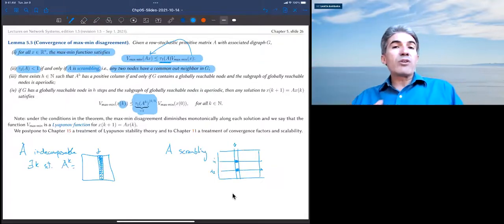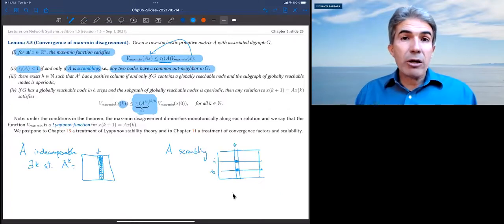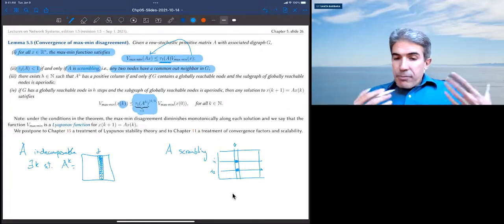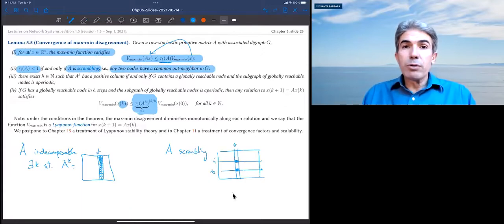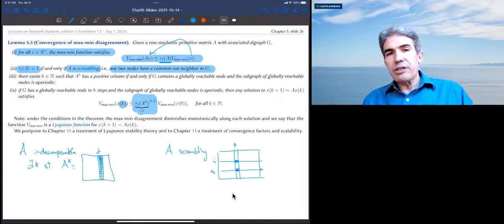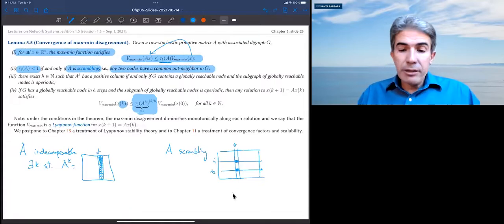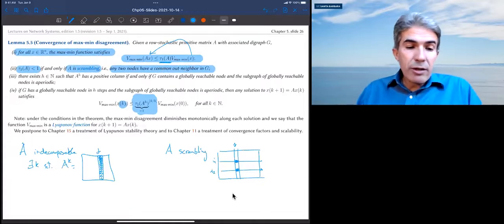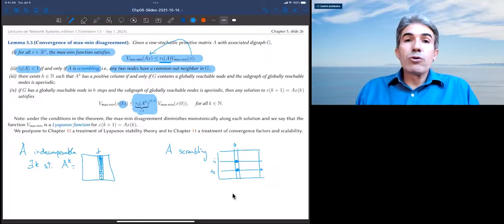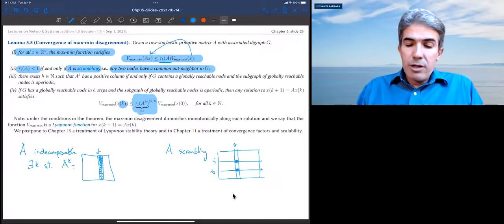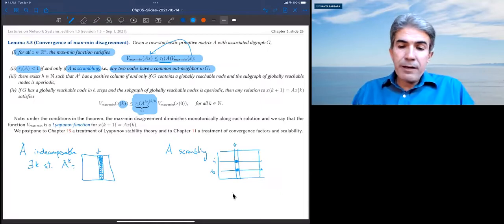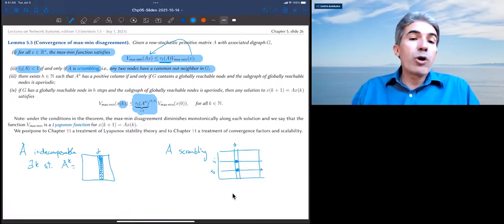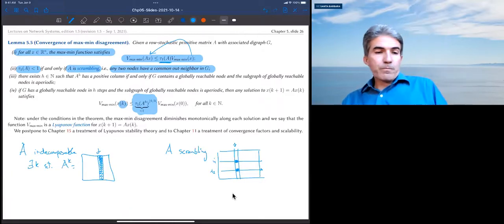And you can find one such j for every pair. If a matrix A is scrambling, then it is clear that it must also be indecomposable, because as you keep taking more and more steps, you will reach the point where the column is positive.